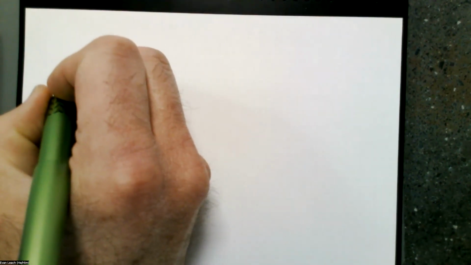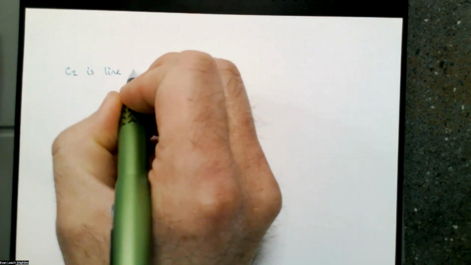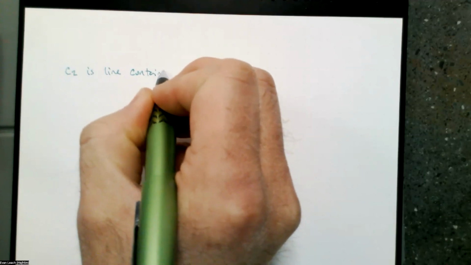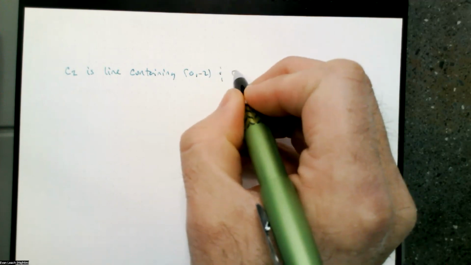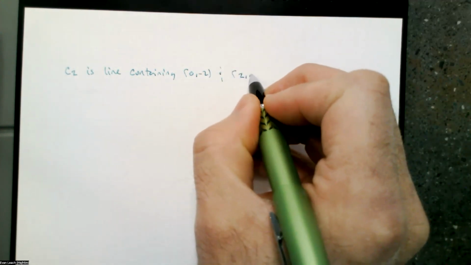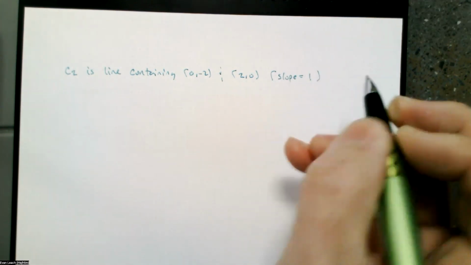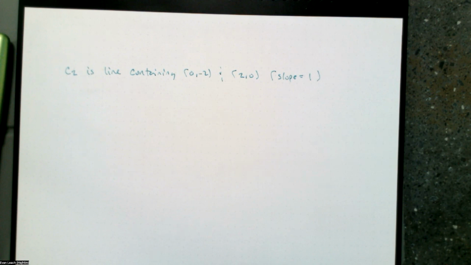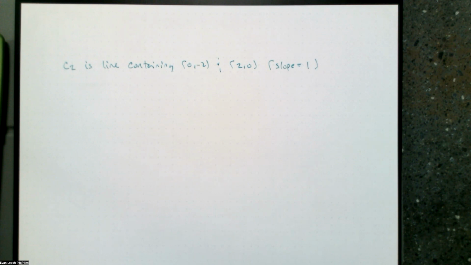Let's say path C2. C2 is going to be a line containing the points 0, 2 and 2, 0. So we're going to have a slope of -1. So we're going at a steeper slope than the vector field.